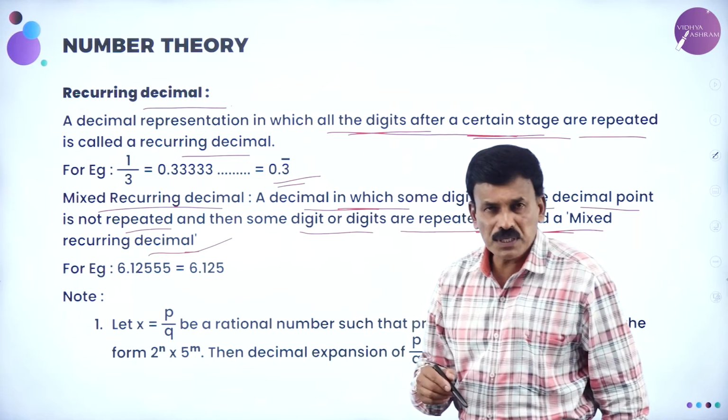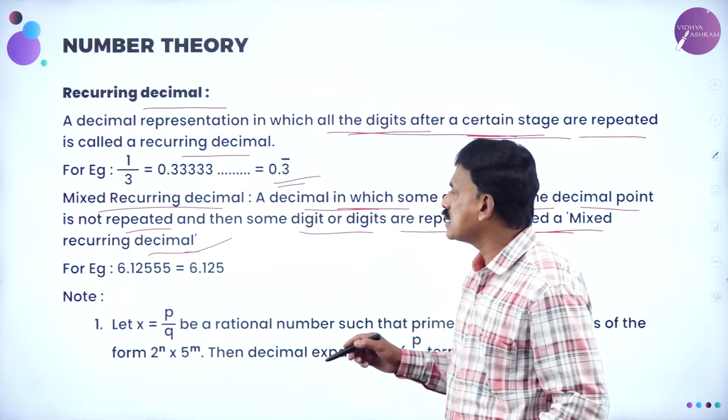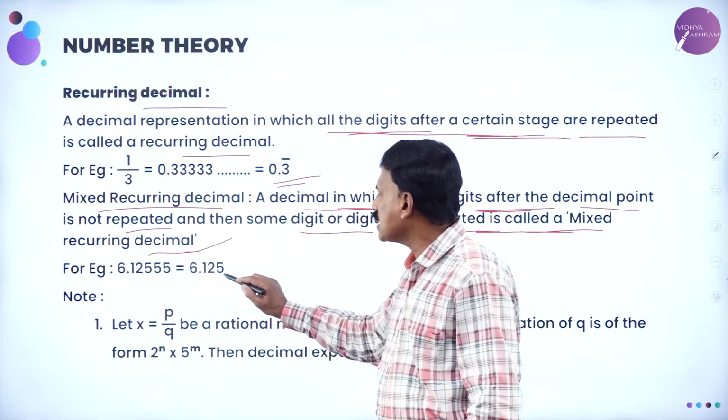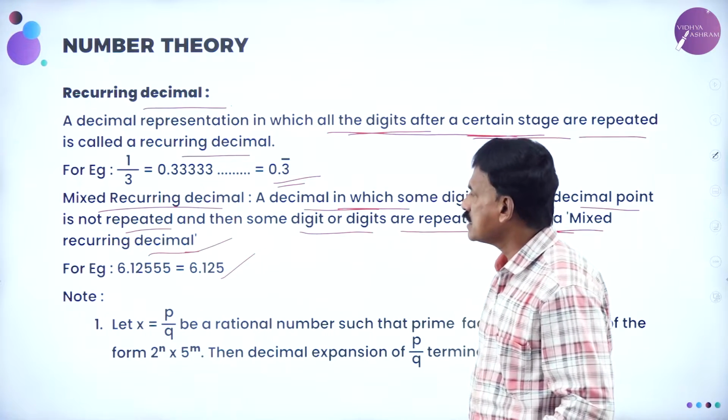Here is an example: 6.12555 is an example of a mixed recurring decimal.